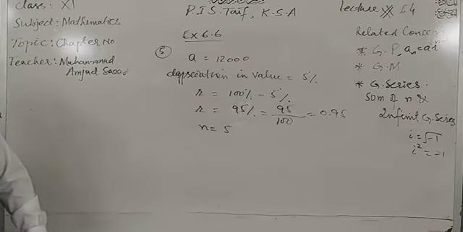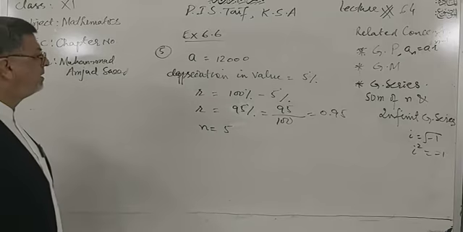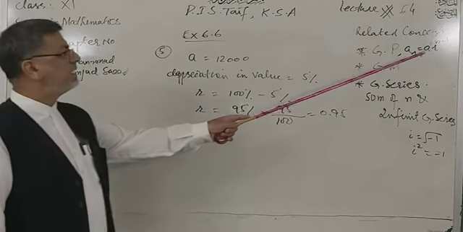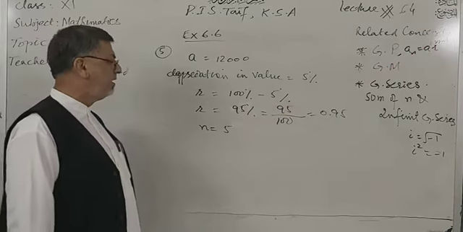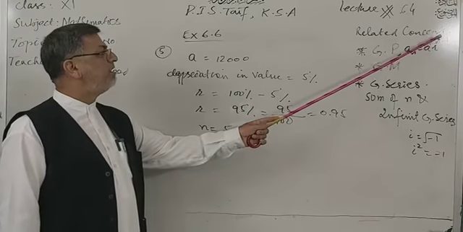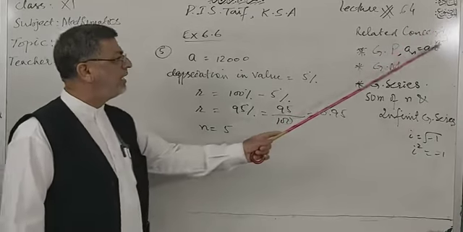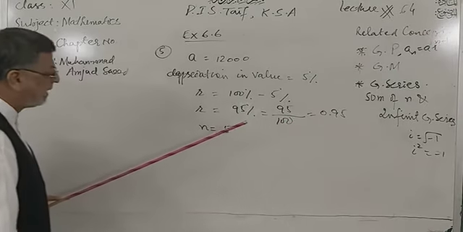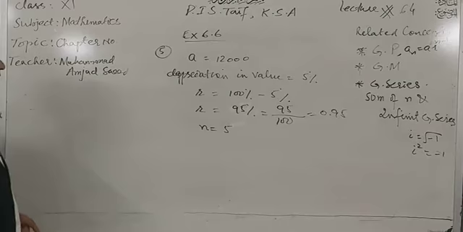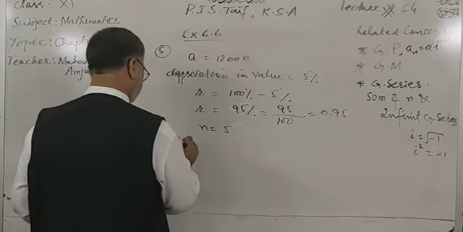After that, n is equal to 5. It was written n is equal to 4, and that's 4 years. But you know about our formula that is r to the power n minus 1. If you take 4, then the power will be 3. 4 minus 1 is 3. So ratio will become the 3 years. So that's why I am taking n is equal to 5. I hope that you understood this point.